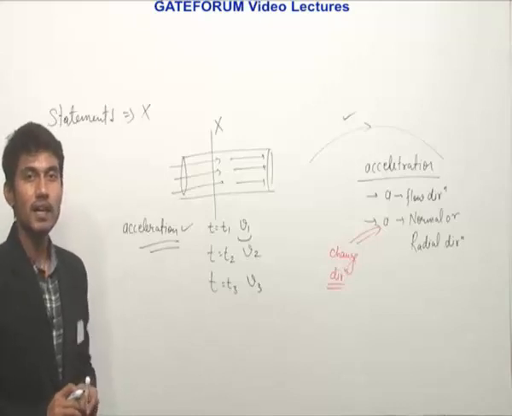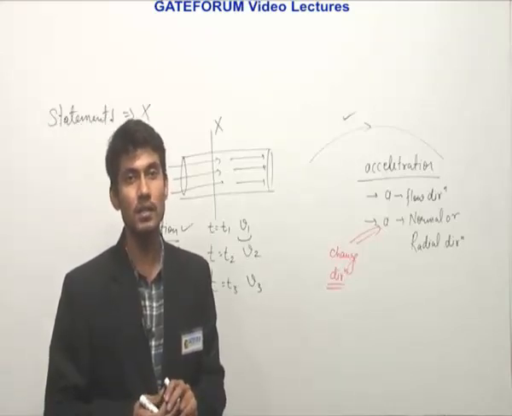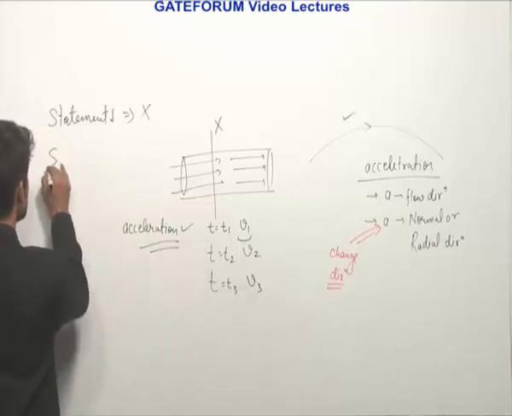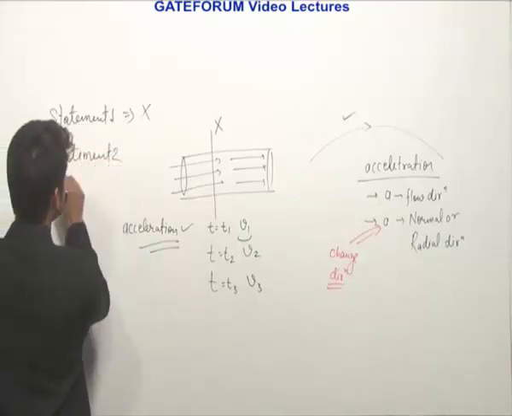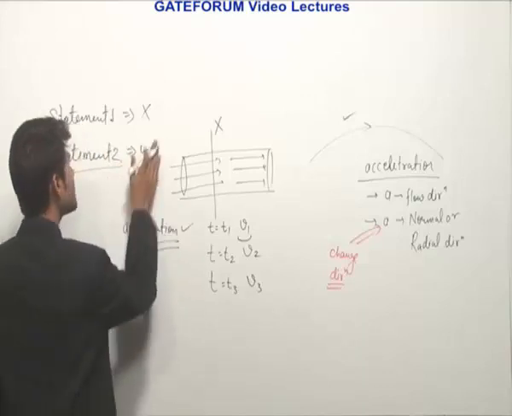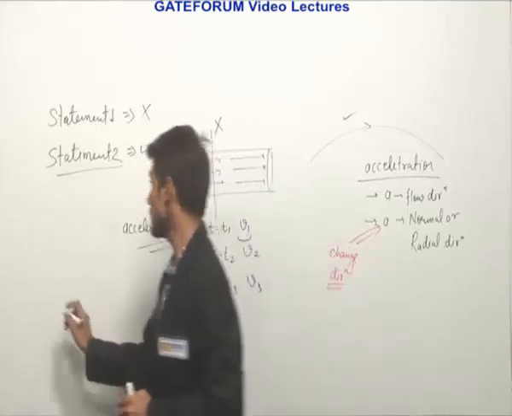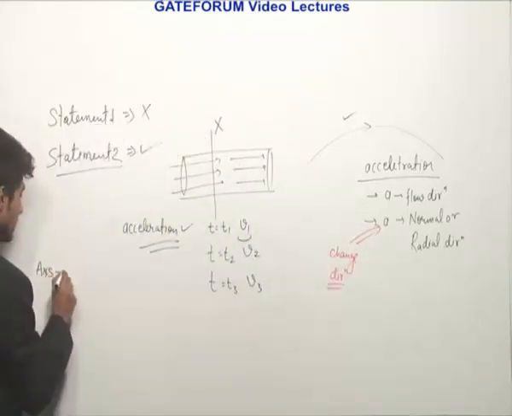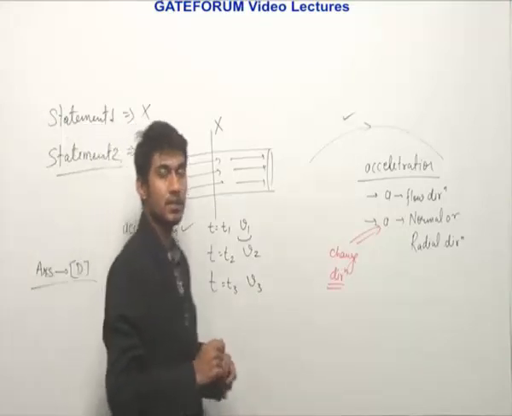Statement 2 given is: during unsteady flow, in addition to the change of velocity along the path, the velocity will also change with time. So statement 2 is correct. Statement 2 is the definition of unsteady flow. So statement 2 is correct, but statement 1 is false. That means I have got my answer: option D will be true. My answer will be option D, which suggests statement 1 is false, statement 2 is true.